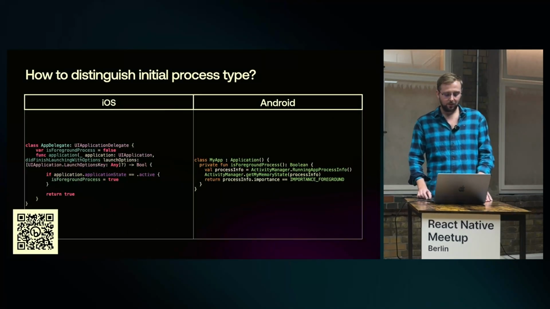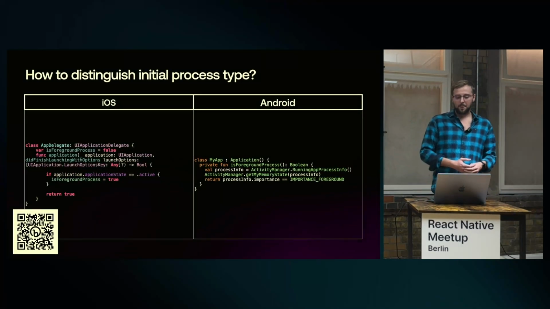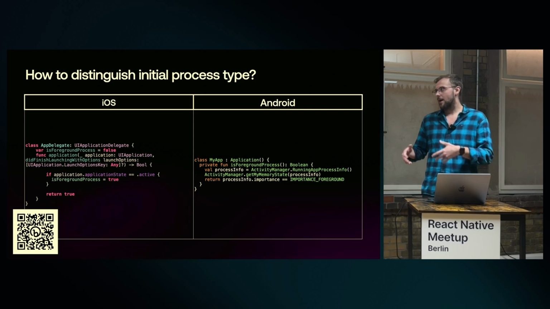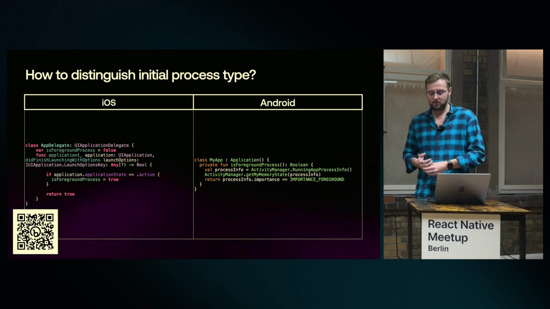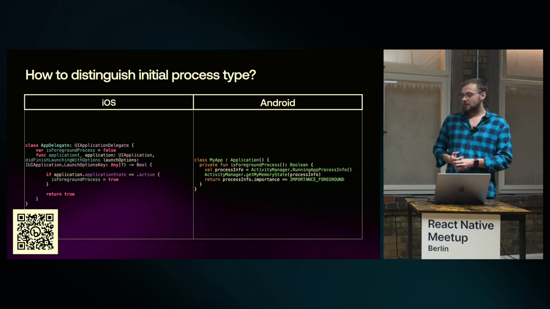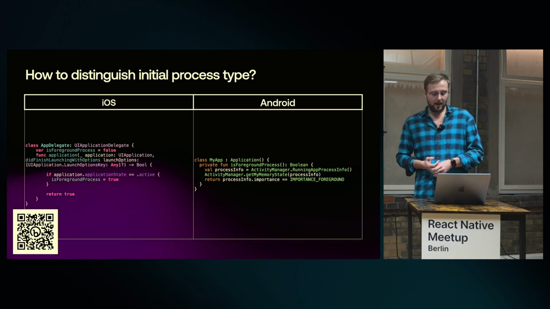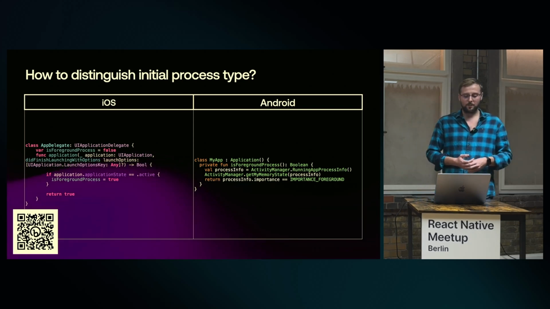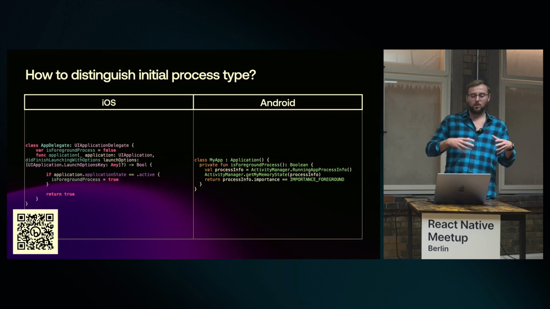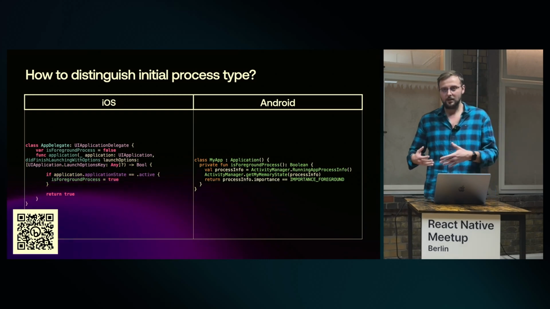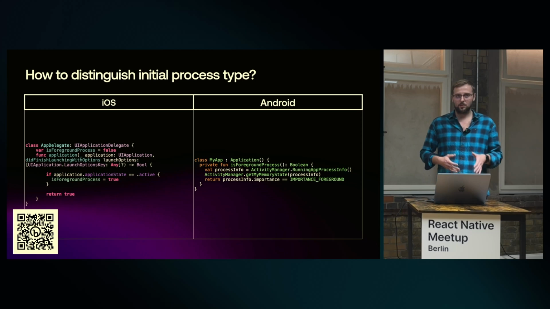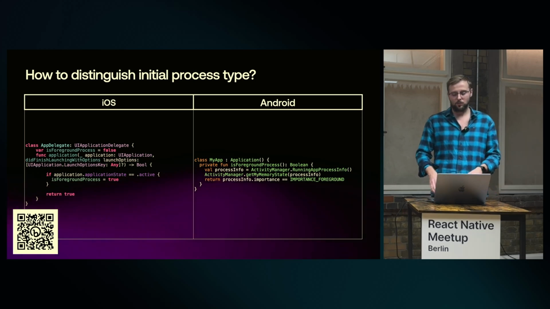Okay, so diving into the code, the distinction between the initial process type is quite straightforward. We check the current app state during this app start on iOS and process importance on Android. And utilizing this approach ensures that our app's functionality aligns seamlessly with the respective operating system's processes.